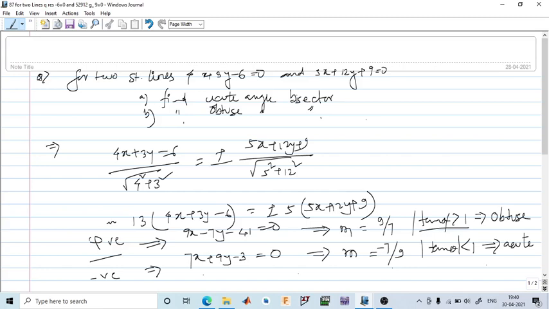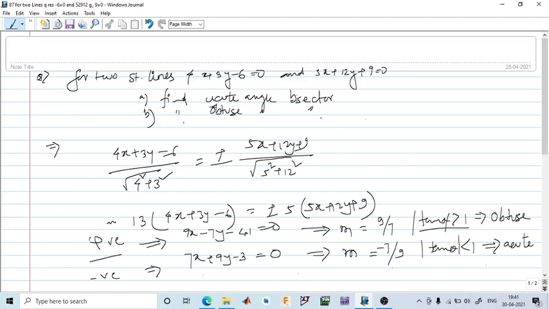And the same thing I have done here. Take the positive part, you will get one equation, and if you take the negative part, you will get another equation. Now whenever you get the two equations, you find the value of m. If both equations are transformed into y equal to mx plus c form, that is slope form, then in the first case the mod value of m is greater than 1, and in the second case the mod value is less than 1.